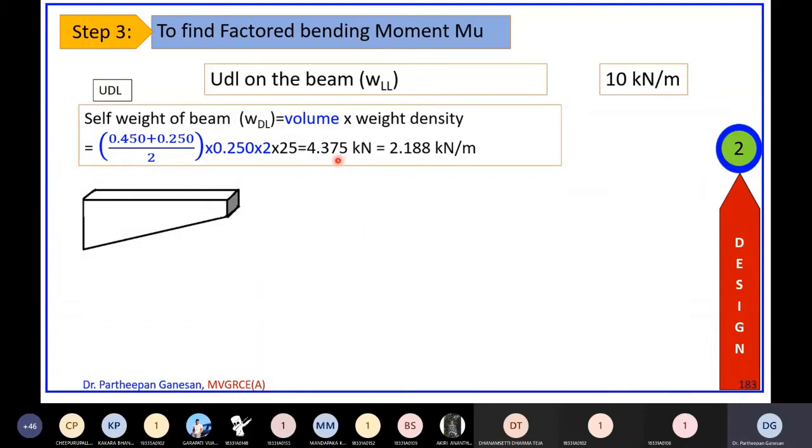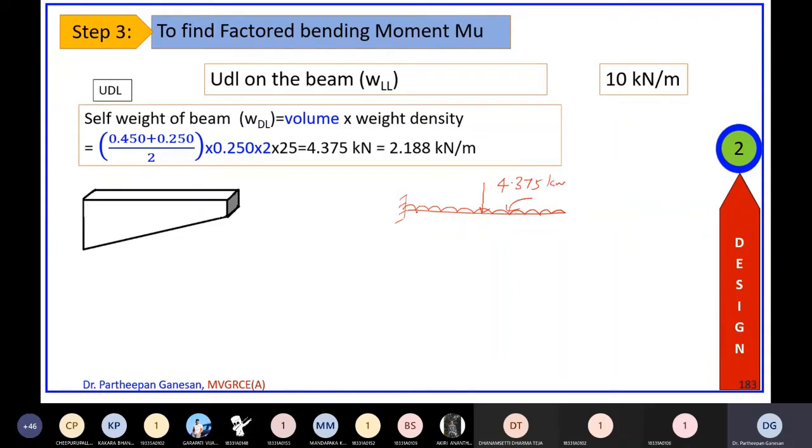But as I mentioned, self weight also will be represented by a UDL. This is a cantilever. This total load, 4.375 kilonewton, how will I find it in terms of UDL?